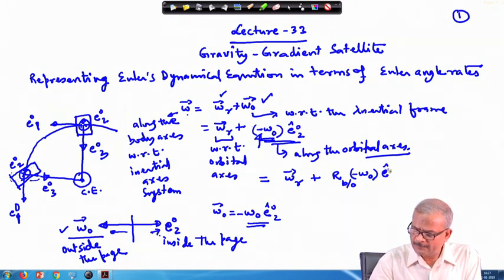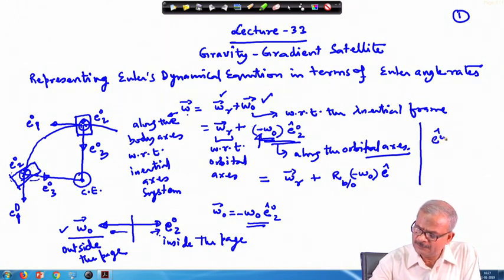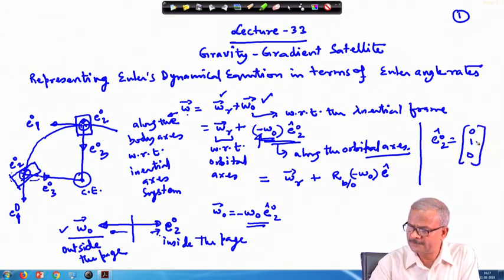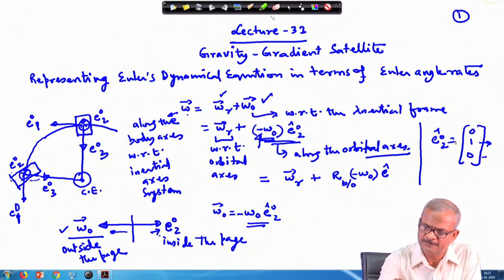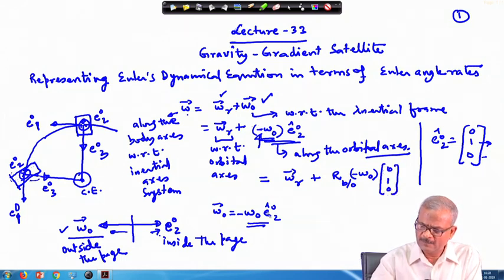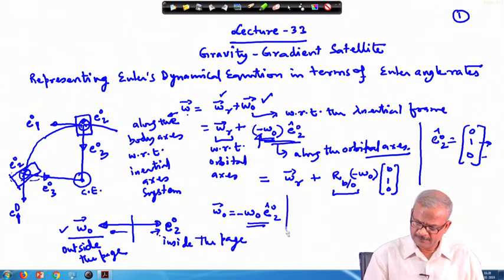EO2 is a unit vector, and in the orbital frame only the second component exists; the first and third components are 0. So instead, we can equally write 0 1 0 and then do the conversion.